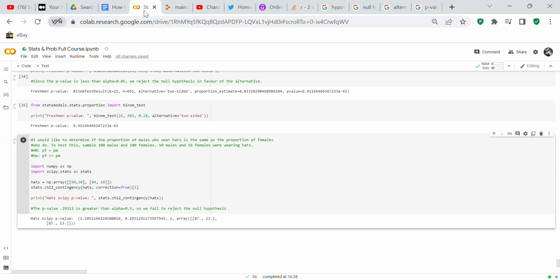And so the p-value is greater than alpha of 0.05. So we fail to reject the null hypothesis. What we're looking for is, when we do something in R, to translate it into Python and make sure that we have the same answer in Python that we have in R. And that's basically what we did in this code review.